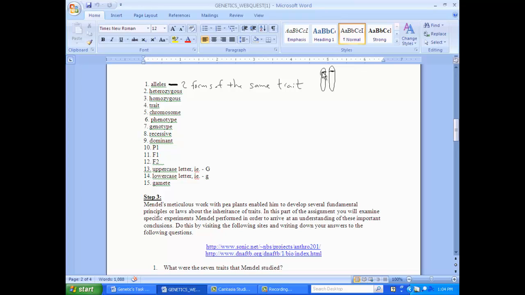So if this is, I'm going to just say chromosome pair number 1, and in this area it codes for widow's peak. I'm picking a very general characterization there. If this is for widow's peak, it's two different forms of the same trait.